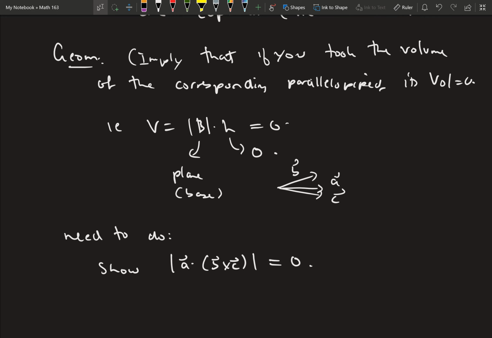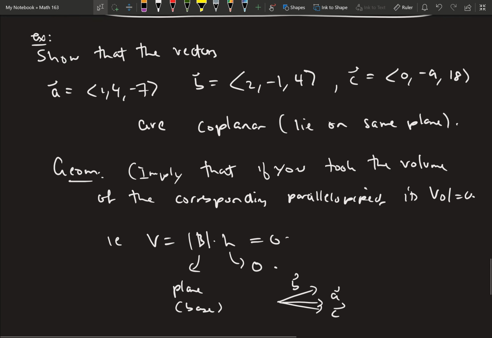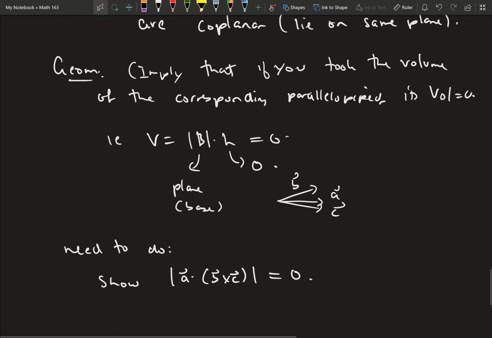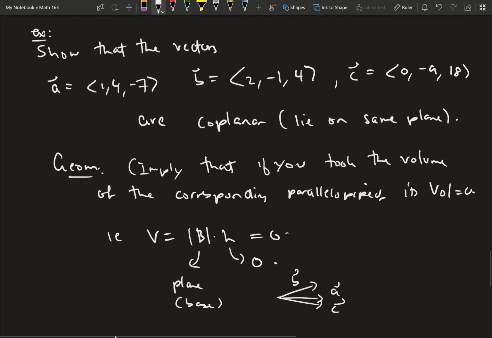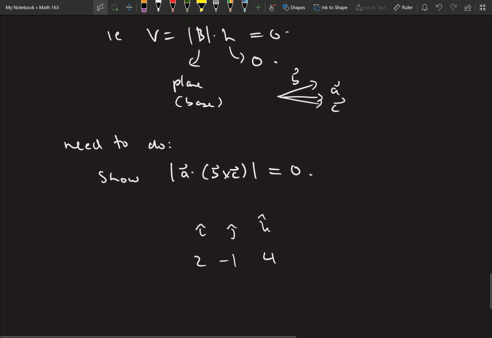So let's go ahead and do that. So B is 2, negative 1, 4, and C is 0, negative 9, 18. So this is B cross C. And then we'll dot it with A. So what do we get here?